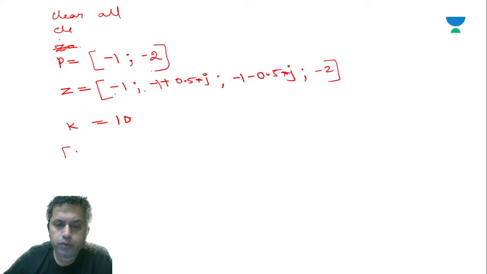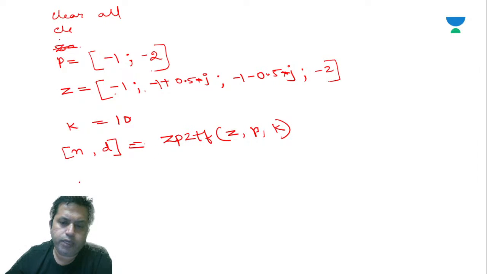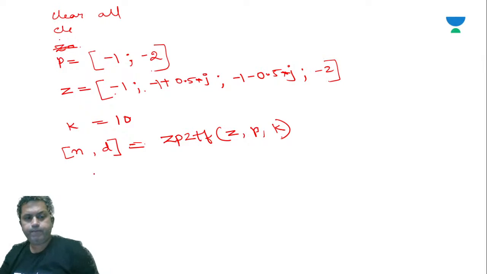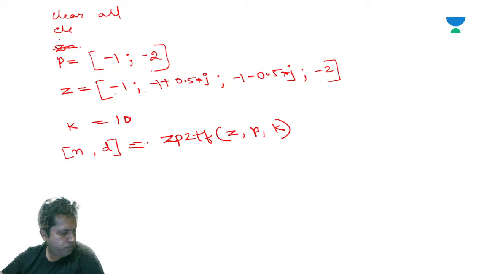Let us find out n comma d is equal to zero pole to transfer function z comma p comma k.